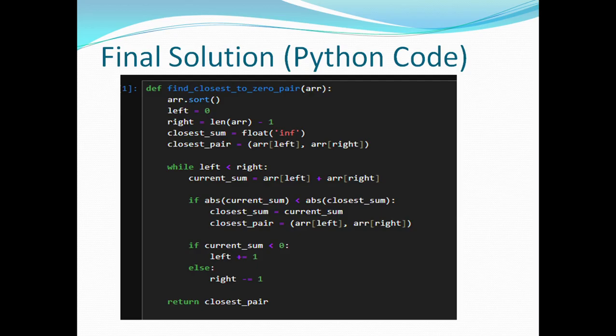If the current sum is closer to 0 than the previous best, we update the closest sum and the pair. Depending on whether the sum is negative or positive, we move the left or right pointer accordingly. Finally, we return the best pair found.